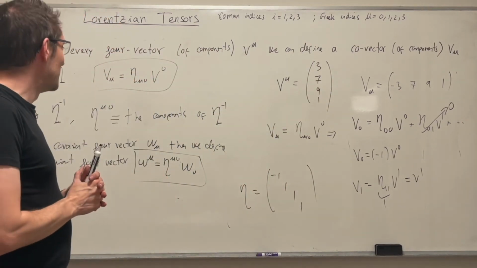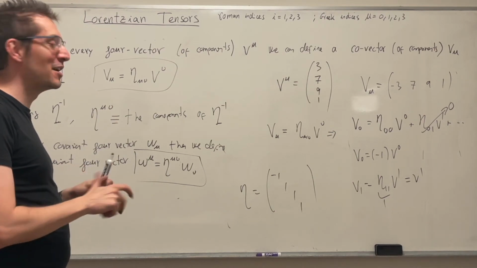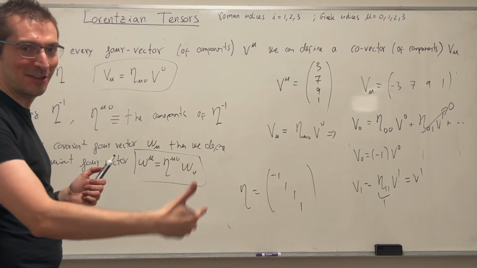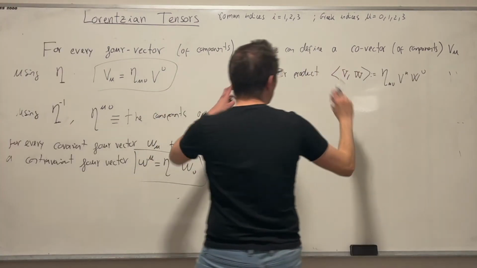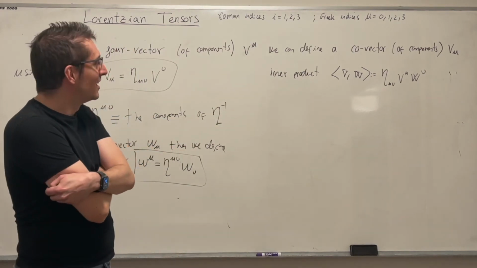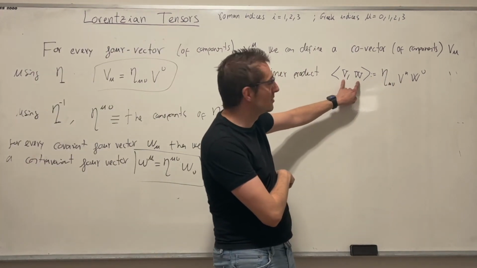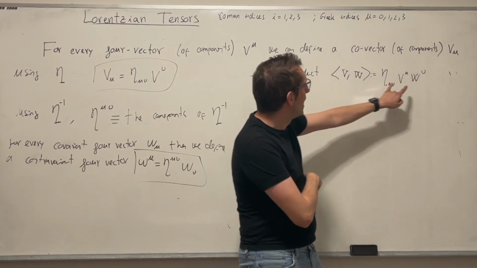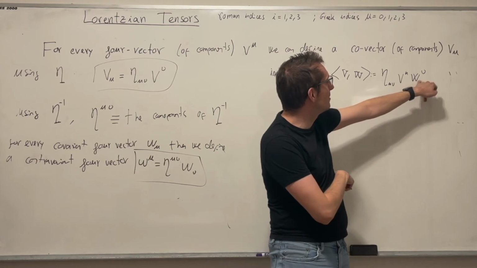All right. Finally, we can define a structure of inner product and norm now that we have a metric. Let's do that. So I define this notion of inner product in which I get two four-vectors, characterized in a basis by these components, the components V nu and the components W nu.